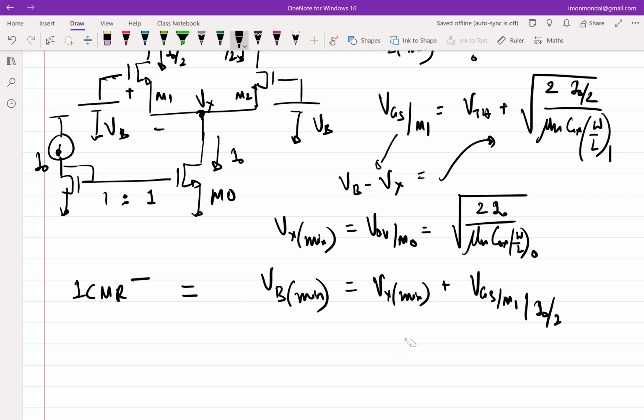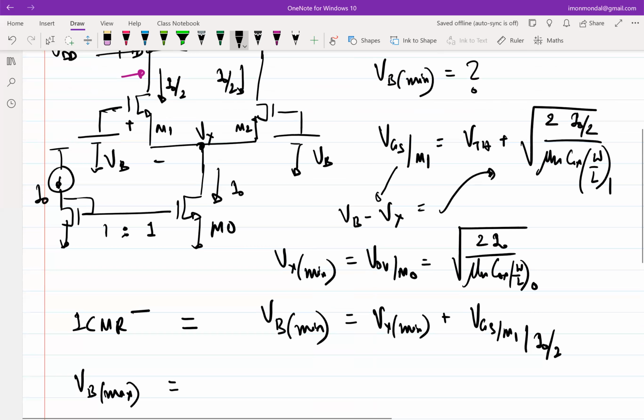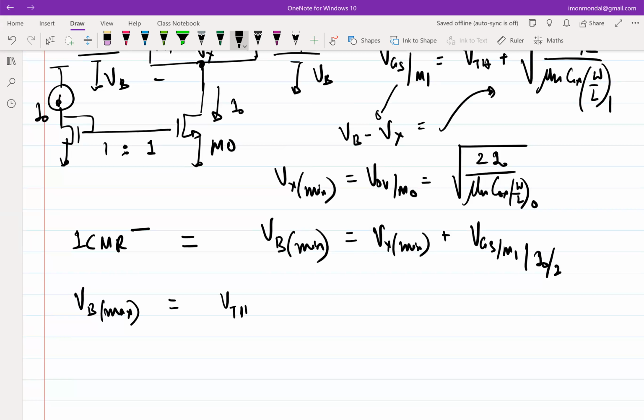VB max will be one threshold voltage plus that voltage, which is VDD minus the VSG. VSG is the threshold voltage of the PMOS transistor plus the magnitude of the overdrive of the PMOS transistor.